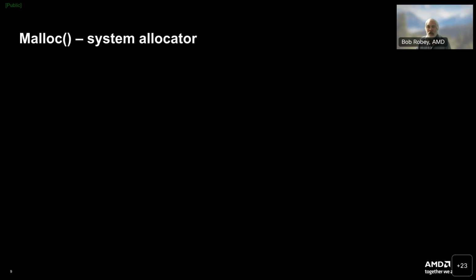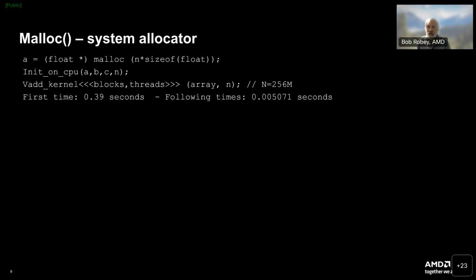The malloc system allocator: if you initialize it on the CPU as in this program and do a vector add kernel, the first time you get a slower time as the page migration occurs, and the following times are then very fast.